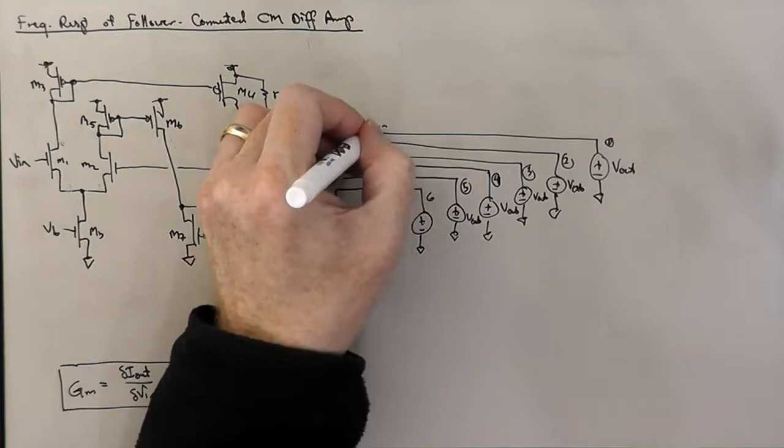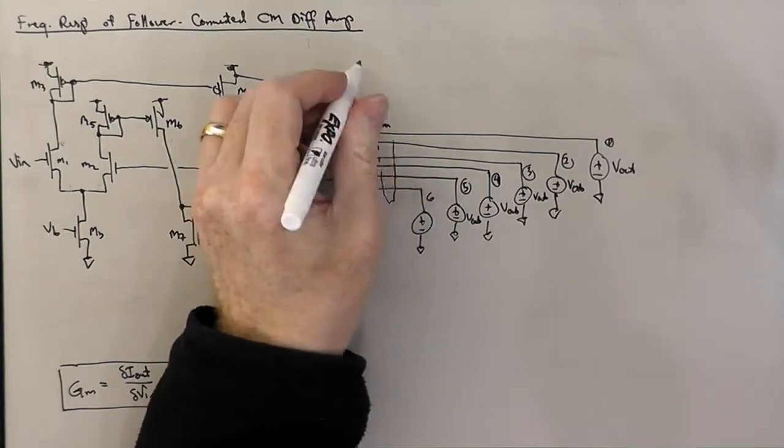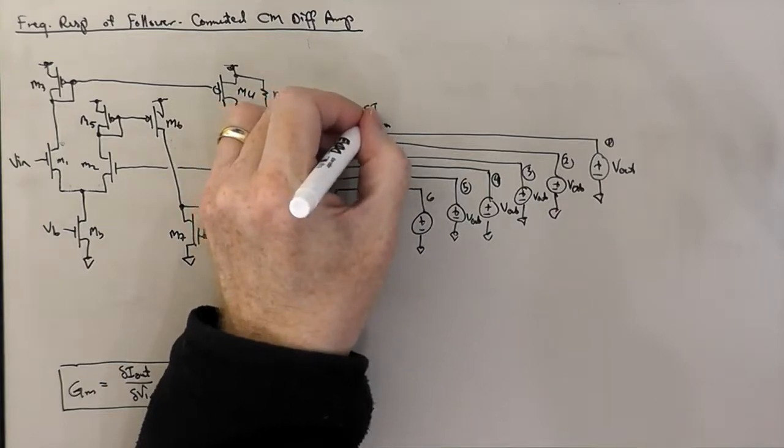And we're interested in the total amount of current flowing through this giant bundle of 6 wires.